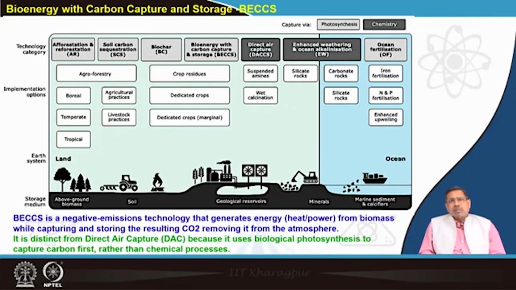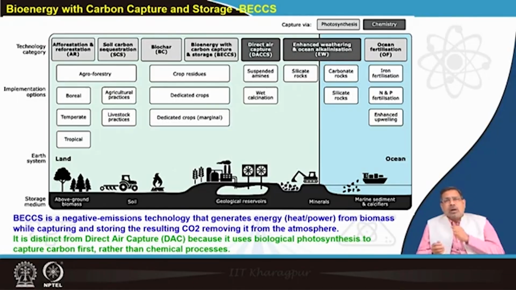Then in terms of the DACCS, direct air carbon capture and storage technology, suspended amines and wet calcination are useful, these are the implementation options we have, and the silicate rocks where we store the carbon in terms of weathering and ocean alkalization.